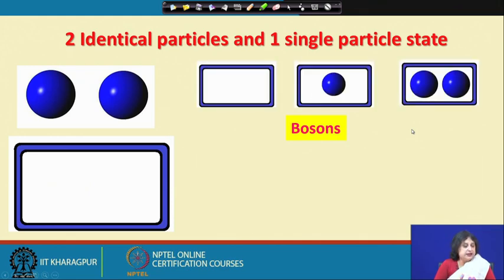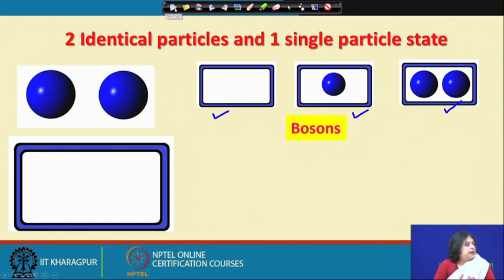In the case of bosons, n is going to be greater than or equal to 2 for two bosons, and therefore the permitted microscopic states are the one with n equal to 0, the one with n equal to 1 and the one with n equal to 2, right.